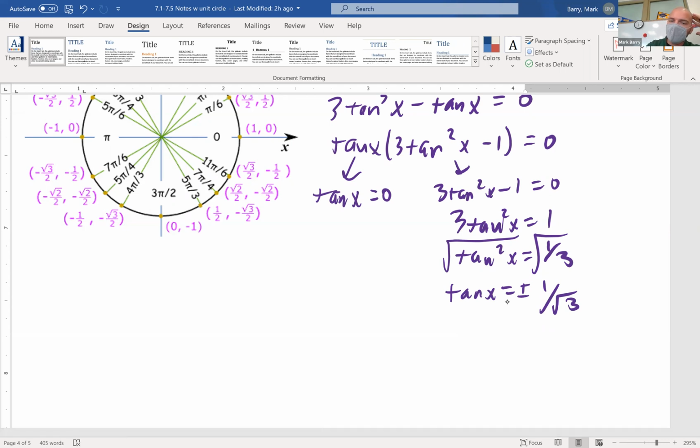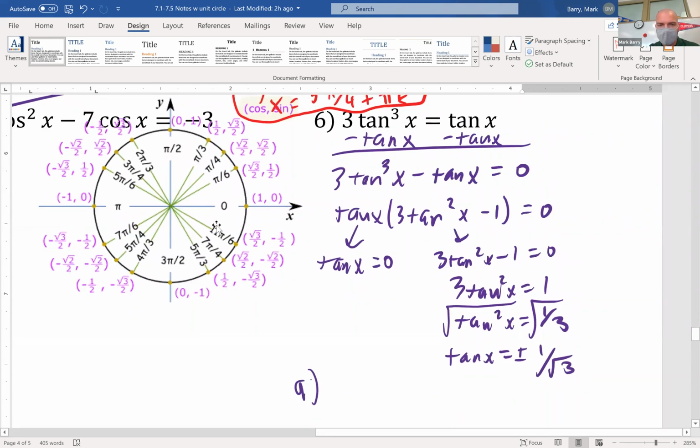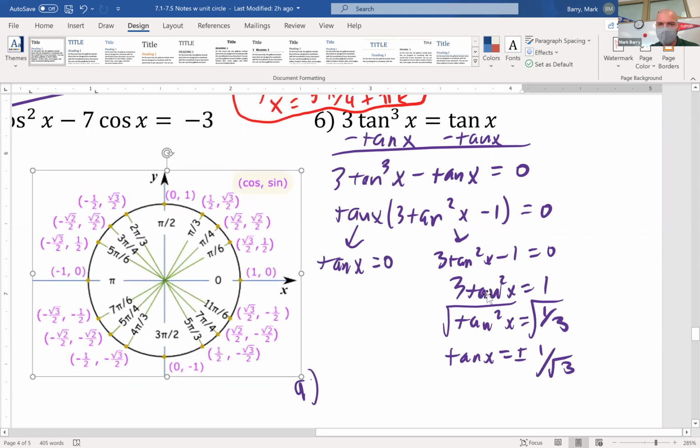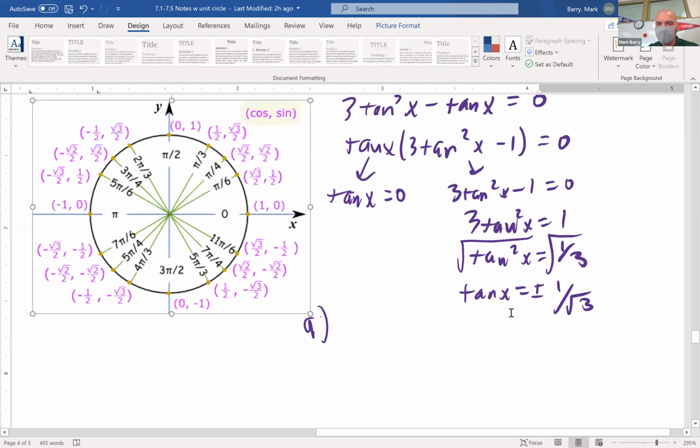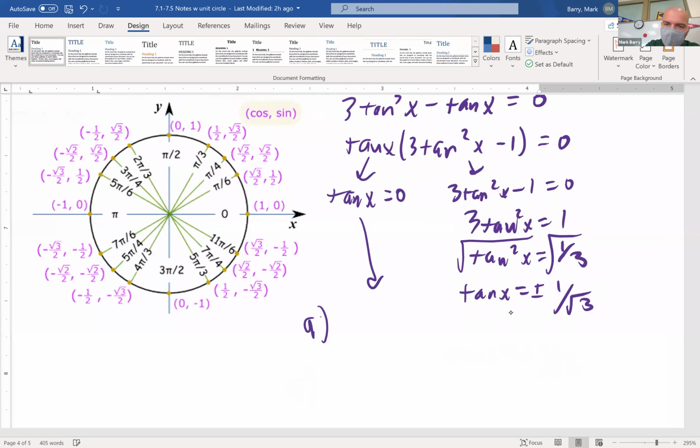All right, so now we're ready to answer part A here. And I'm going to need my unit circle for that. So I'm going to start off, where does tan of x equal 0? Well, remember, tangent is y over x on the unit circle, right?